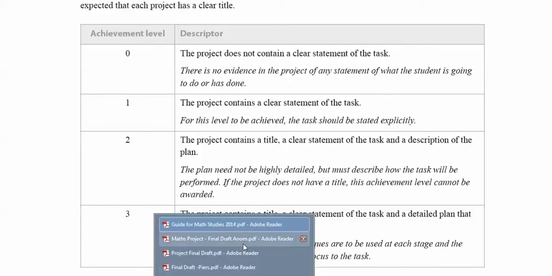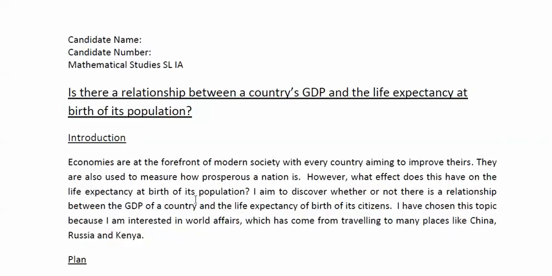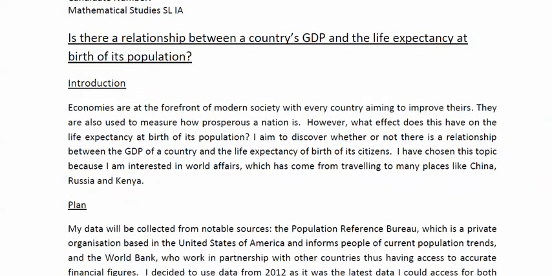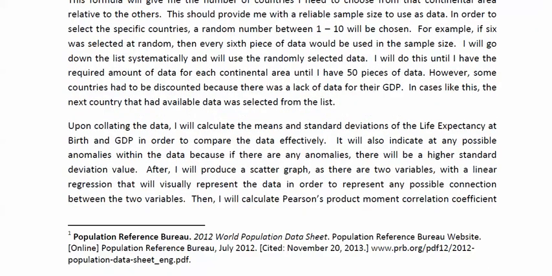So in this example, this person has got a clear title here: is there a relationship between a country's GDP and the life expectancy at birth of its population? So you've got a clear title here. That's 1 mark. Now the introduction is split over a couple of different areas.